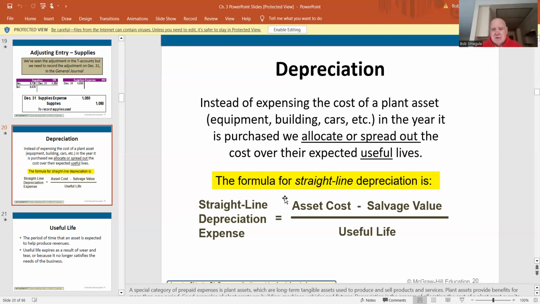Depreciate. It's an expense. Instead of expensing the cost of a plant asset, like a car or building, in the year it is purchased, we allocate or spread out the cost over the expected useful life.